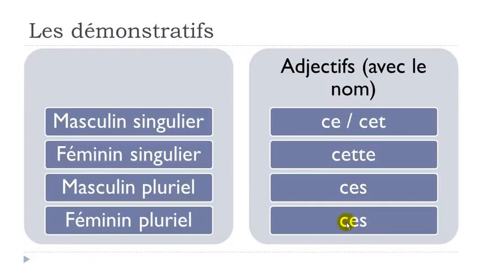So we've got one form, ce, and the option cet when you've got a noun starting with a vowel after, and then cette, feminine form, and for the plural you've got only one form, ces.